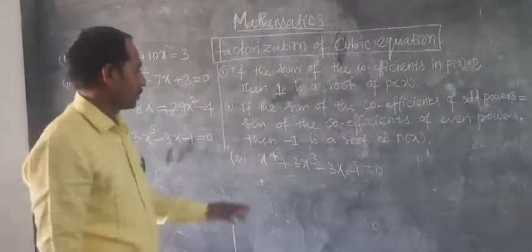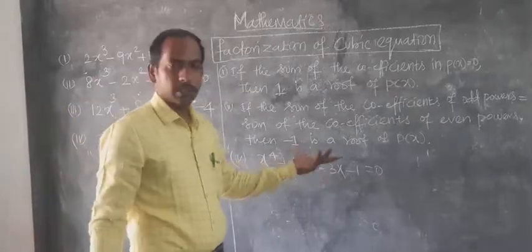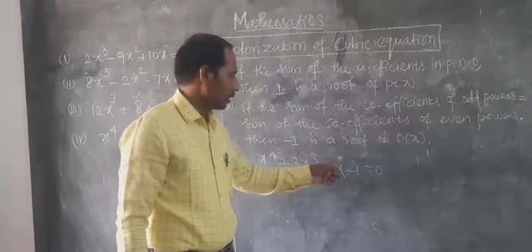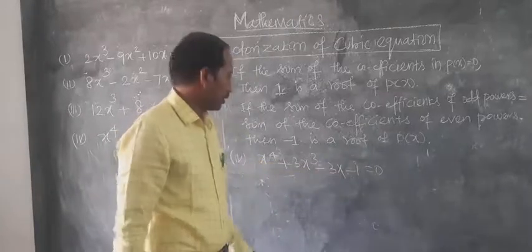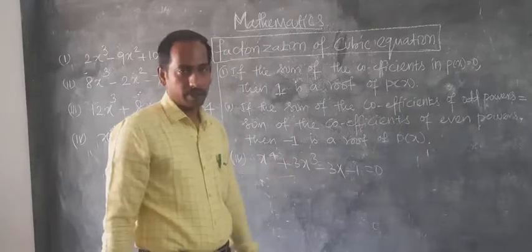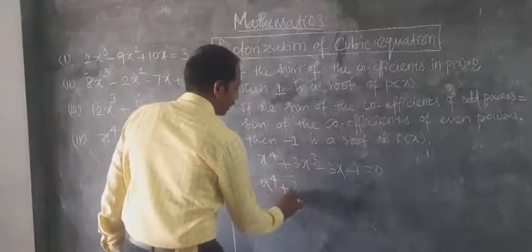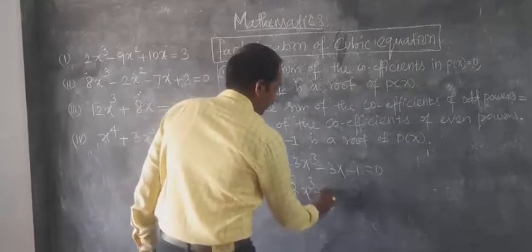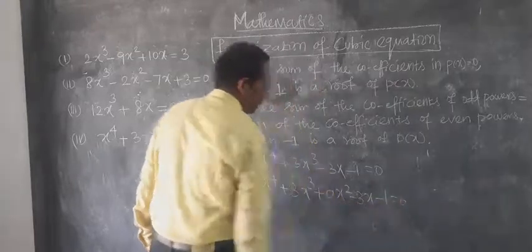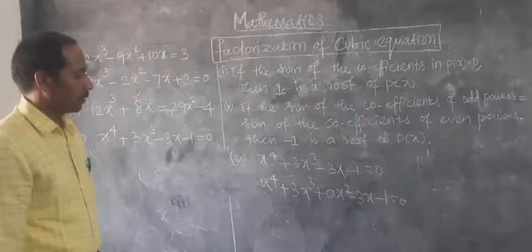Here it starts with power 4, 3, and the square is not present, so we want to add 0: 4, 3, 2, 1, 0. Like this we have to write it: x power 4 plus 3x power 3 plus 0x square minus 3x minus 1 equal to 0. Like this we have to write the polynomial equation.